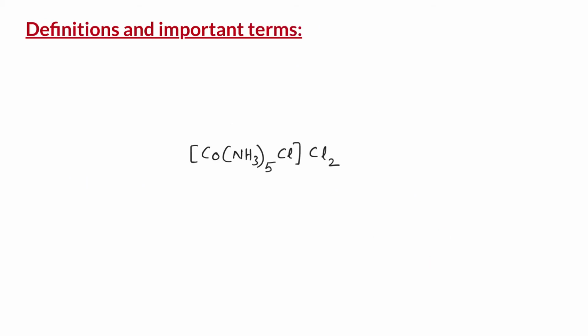Let us now learn some definitions and some important terminology regarding a coordination compound. The transition metal in the coordination compound is called the central metal ion. The molecules or ions that are inside the square brackets and are satisfying the secondary valence are called ligands.